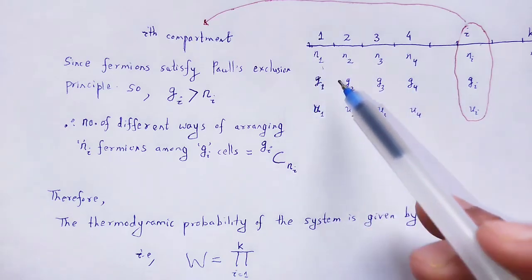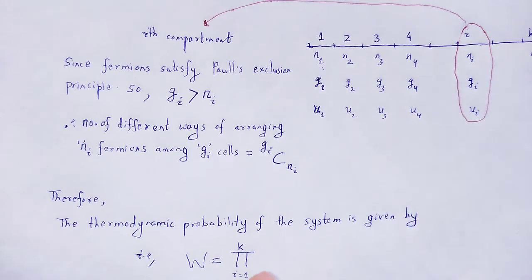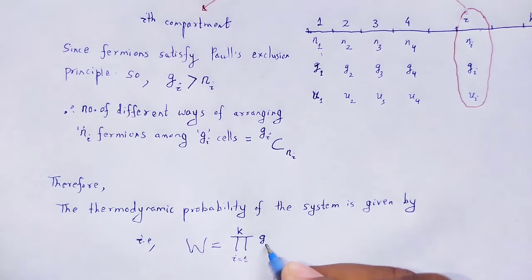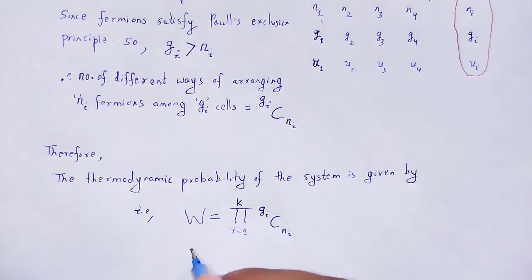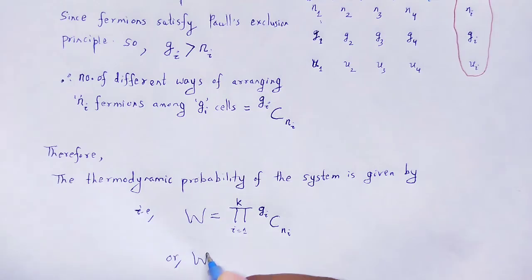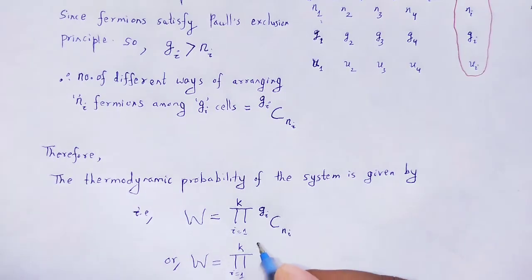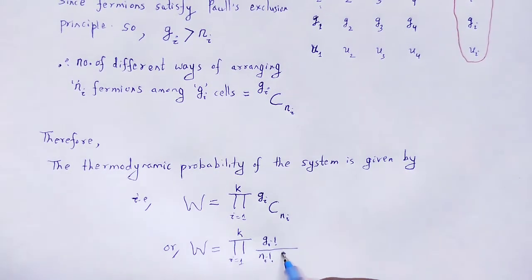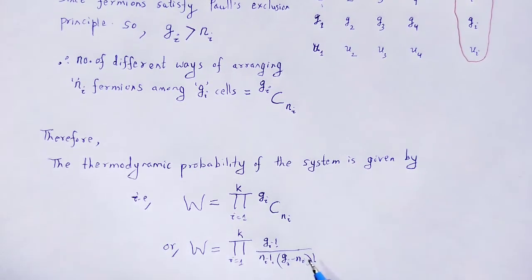Similarly, for the 1st compartment it is G1 combination N1, like this. So we use the product of Gi combination Ni, or W equal to the product over i from 1 to k of Gi factorial divided by Ni factorial into Gi minus Ni factorial.